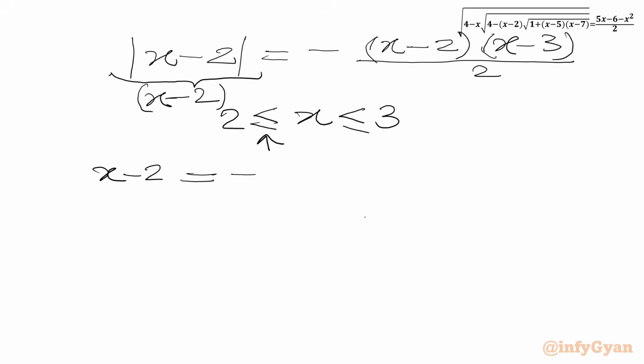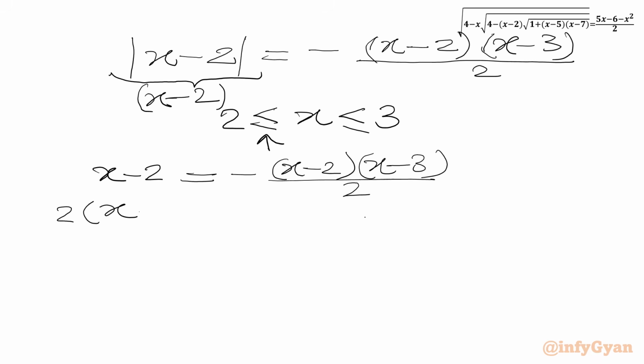In RHS we have minus of x minus 2 times x minus 3 over 2. Now we can multiply both sides by 2 and write all the terms to one side. So 2 times x minus 2 plus x minus 2 times x minus 3 equal to 0.